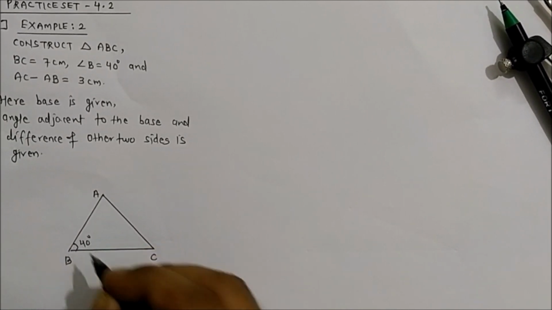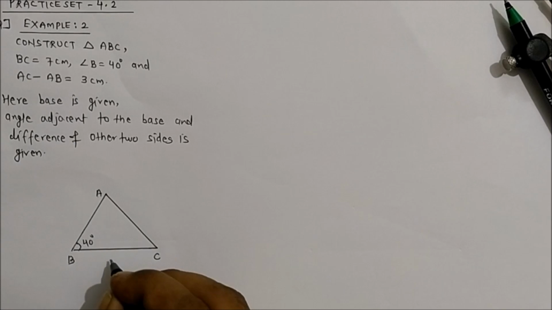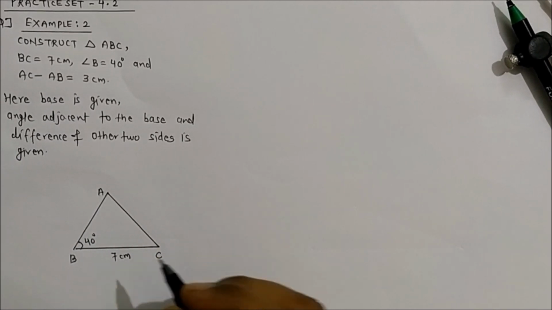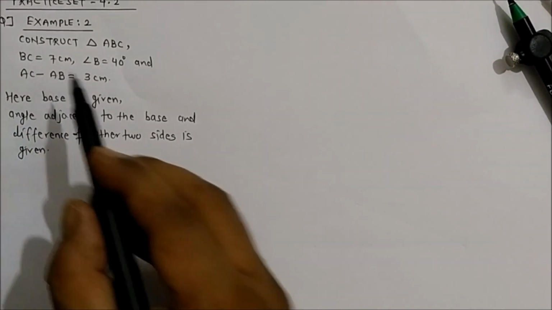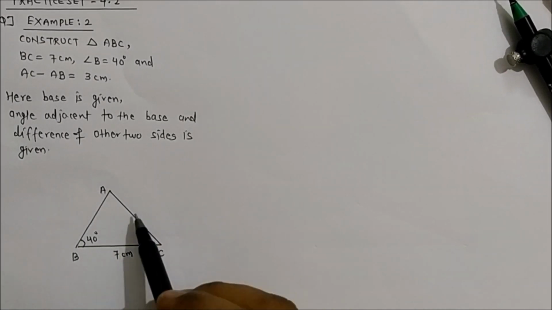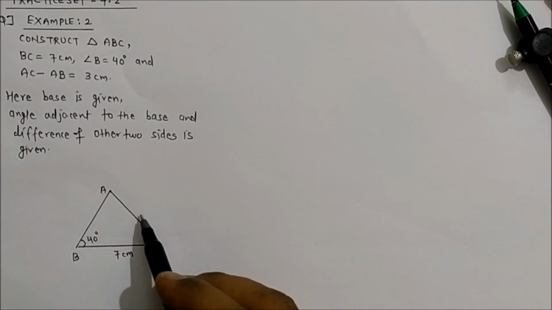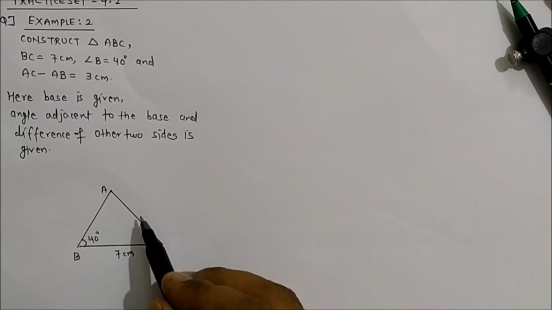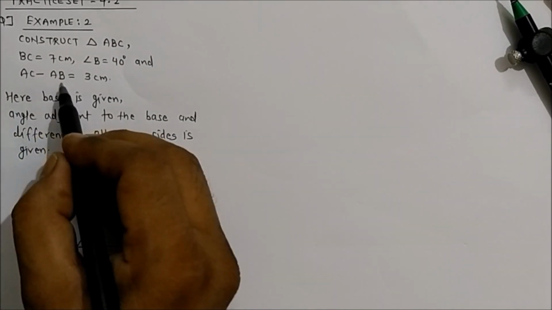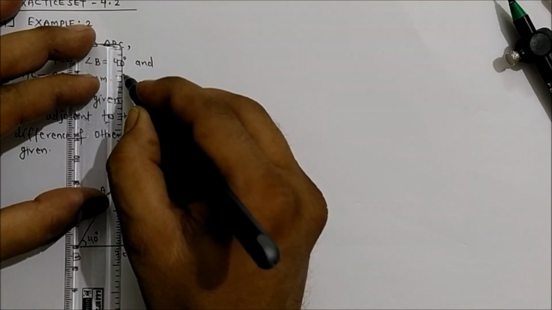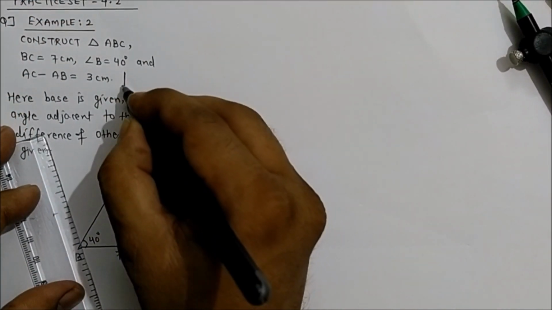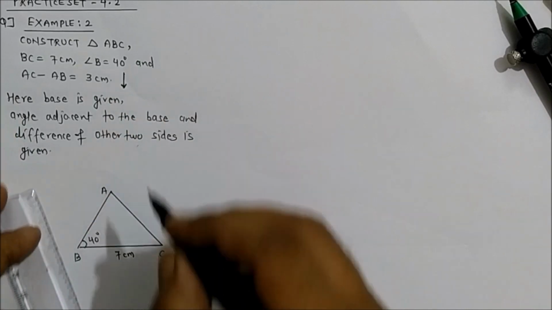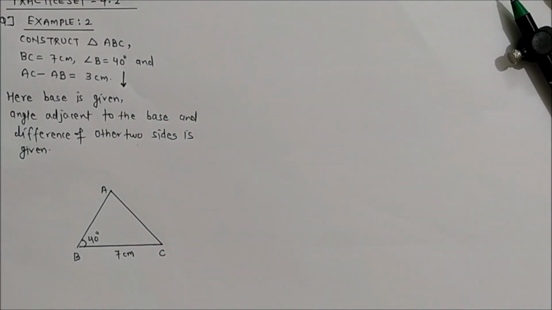This is given 40 degrees, base is 7 cm, and you can see this AC minus AB. See in the figure, AC minus AB, this right side is greater. In that case, when this right side is greater, AC minus AB, the arc which we draw of 3 cm, we'll draw it down, below the base. See how we'll do that.